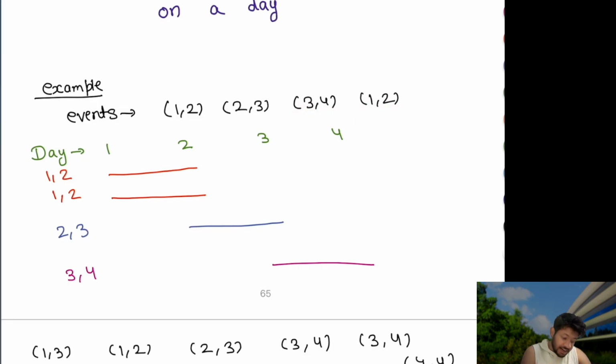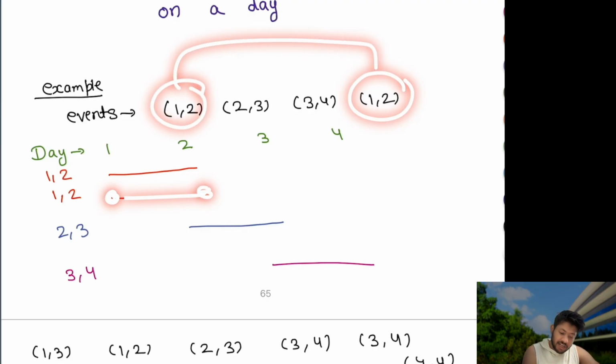So if the days are 1, 2, 3, 4, let us say this is day 1, this is day 2, this is day 3, and this is day 4. There is an event 1, 2 which is happening from day number 1 to day number 2. There is another event 1, 2 which is also happening from day number 1 to day number 2.